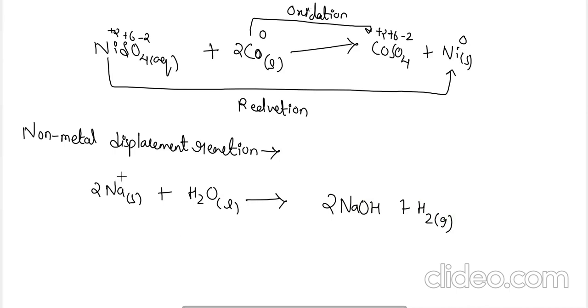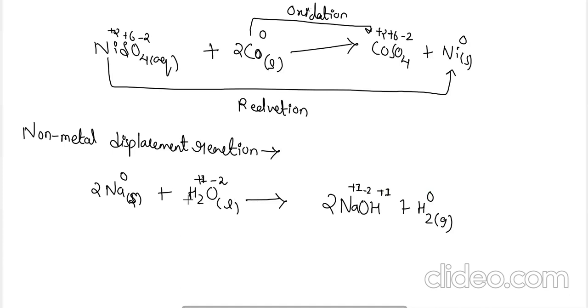Here Na in its monoatomic form has an oxidation state of 0, hydrogen +1, oxygen -2. In the product, sodium +1, oxygen -2, hydrogen +1, and dihydrogen has 0 charge.